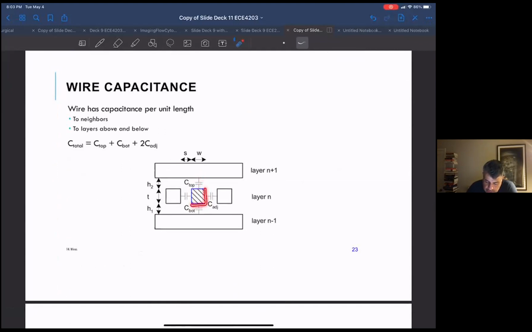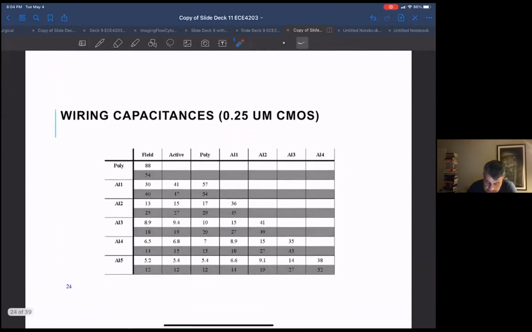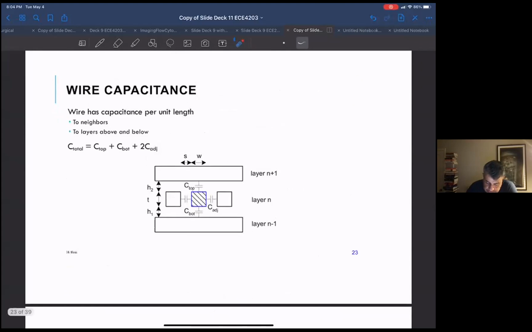Let's say this is a metal 2, sandwiched between a metal 1 and a metal 3. It's going to have capacitance to either one of these, and let's say you're routing other metal 2 lines next to it, and you're going to have capacitances to those too. So you have to consider all these capacitances for a line. And we'll see what your options are for that.